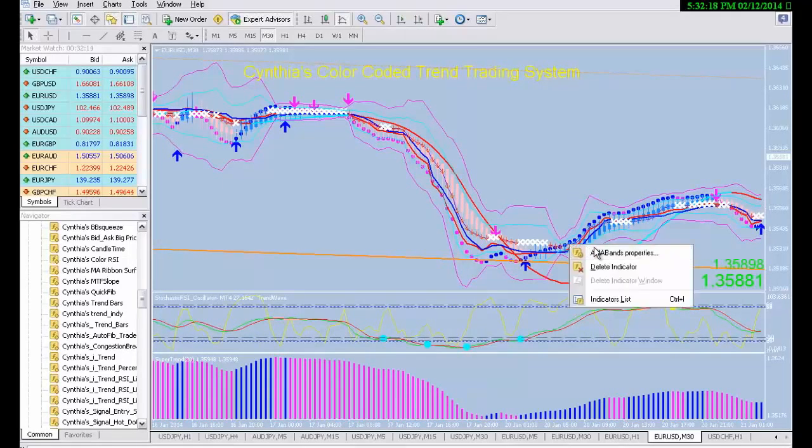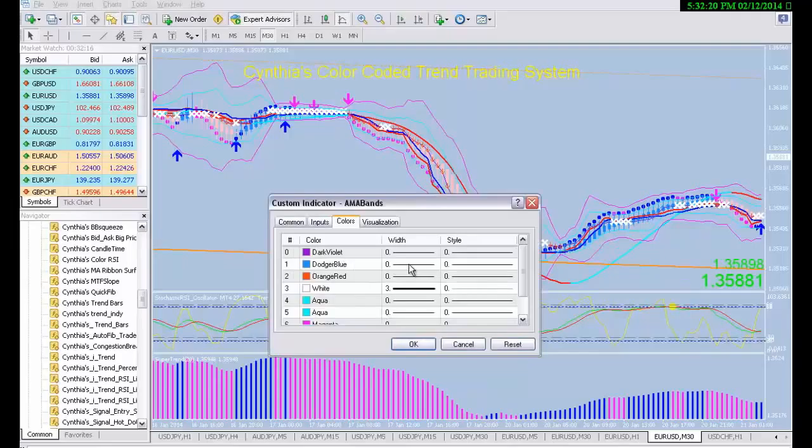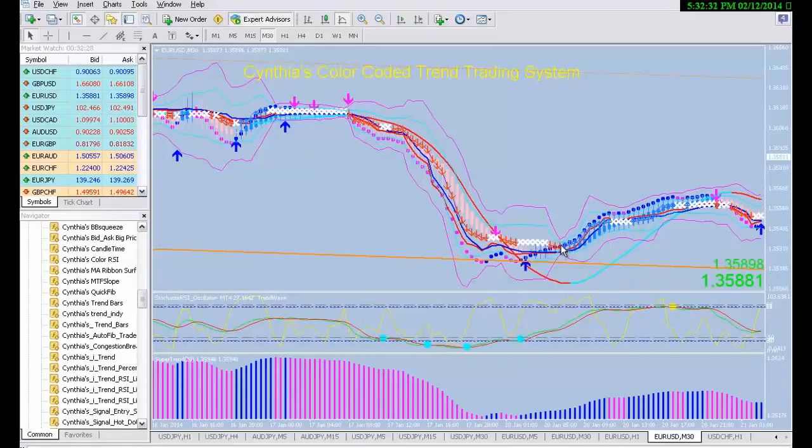AMA band. And you have the Dodger blue. They're so small you can change it to 1, and the orange, that's Dodger blue for up and the orange red for down. Change them to make them a little bigger so you can kind of see the arrow right here. It tells you, you know, that's a nice little entry point here.